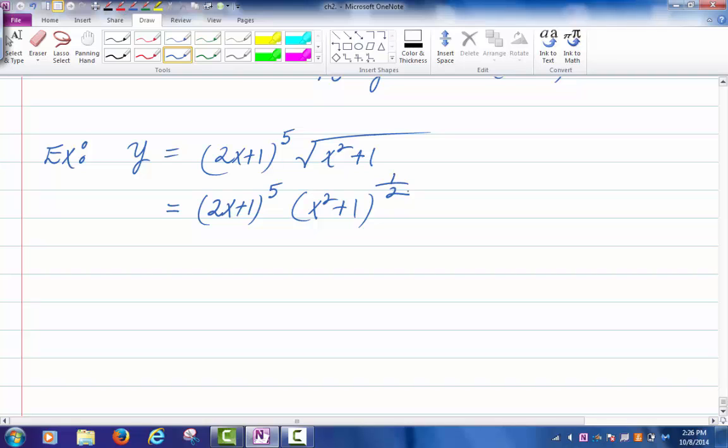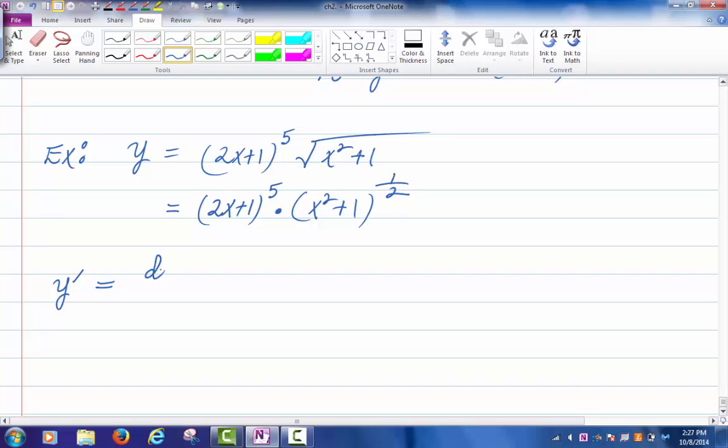So how do I find the derivative? What do I have to do? Yeah, I have to first of all apply the product rule. So I have to view this function as the product of two factors. The first factor is (2x plus 1) to the 5. The second factor is the root of x squared plus 1, that is (x squared plus 1) to the half. So by the product rule, what's the derivative?